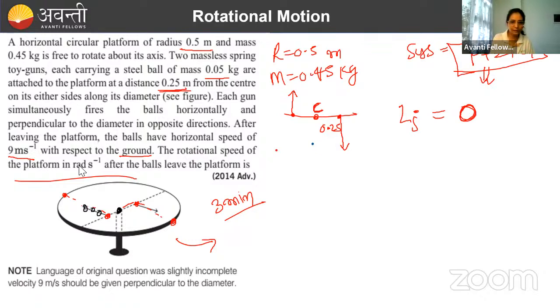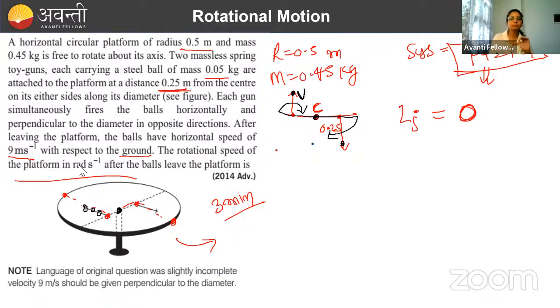जैसे suppose कर लो कि यहाँ पे इस ball की velocity v_b है, जब वो platform के अंदर ही. So its angular momentum will be how much? R cross m v_b. m v_b is in this direction, so R cross m v_b, in the clockwise direction. Similarly, it will also have angular momentum because this ball is also getting fired. Again R cross m v_b. So both angular momenta are in the same direction.